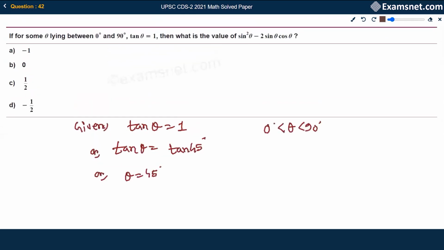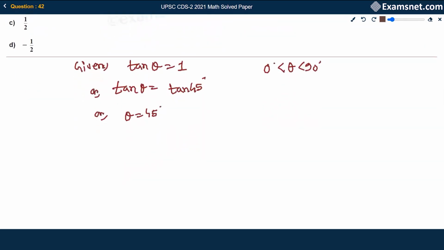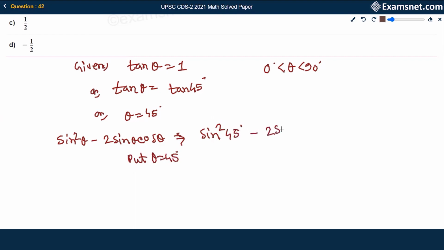Now let's check the given expression, sine square theta minus 2 sine theta cos theta. So let's put the value. Put theta equals 45 degree. Sine square 45 degree minus 2 sine 45 degree cos 45 degree.